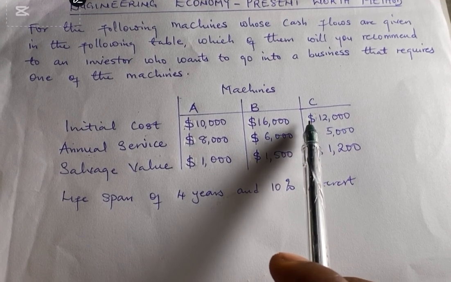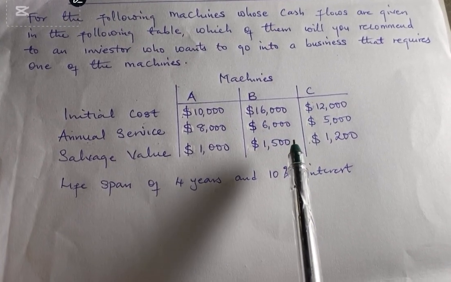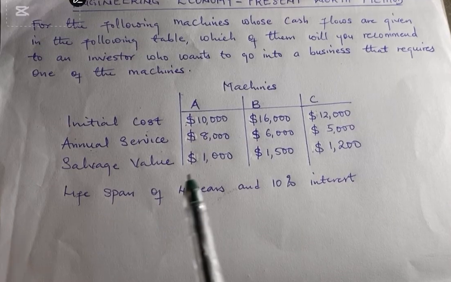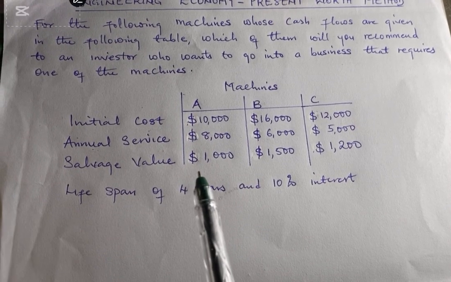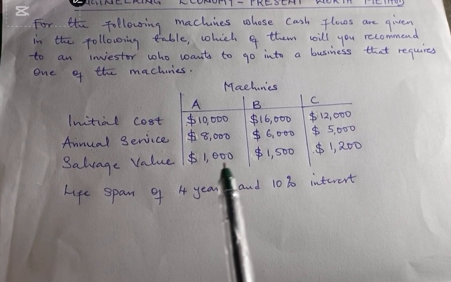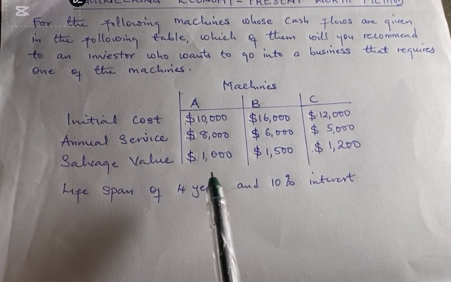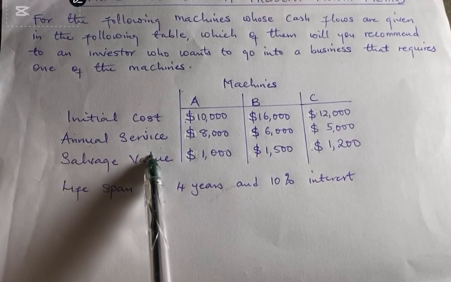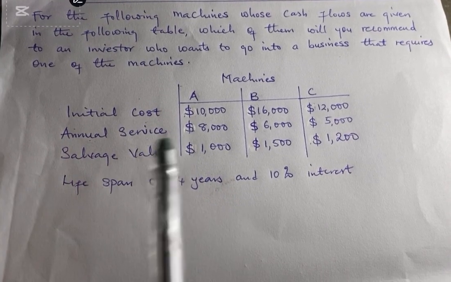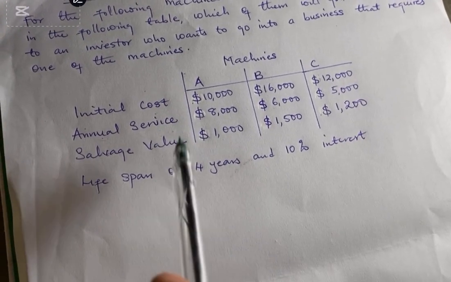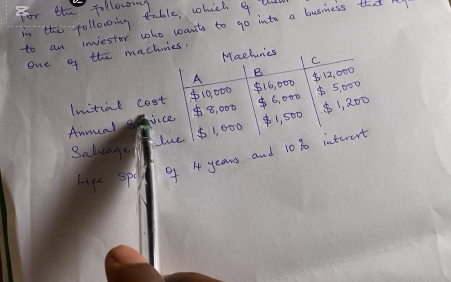Now, this present worth method simply means you will convert all cash flows to their present worth and then compare the alternatives to know the best one for the project. So we'll be converting all this cash flow to their present worth. The first one you see here is the initial cost.